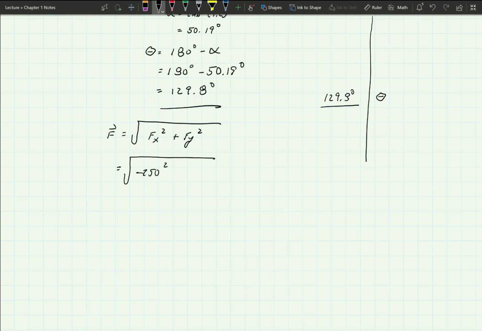Yeah, it is negative. Let's get that a little nicer in there. But you're going to find out you square a negative, you get positive, plus 300 squared. And you know what else? Let me redo this. I'm not completely happy. 250 newtons.